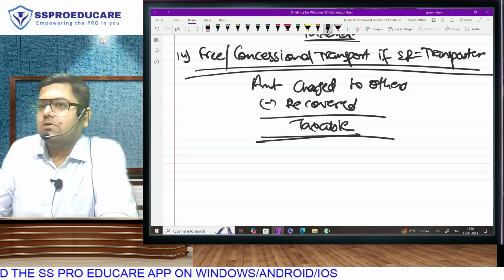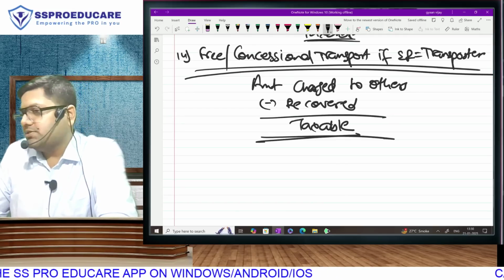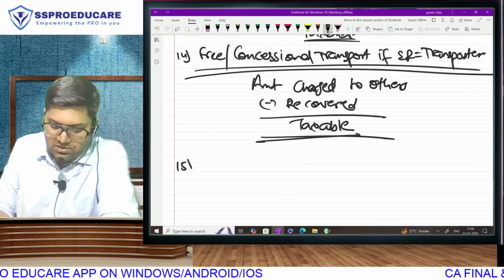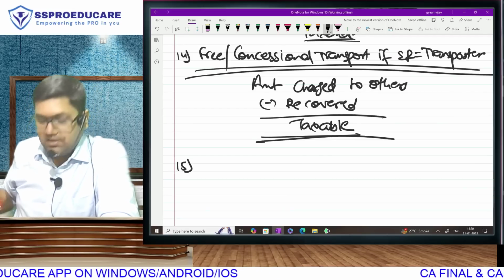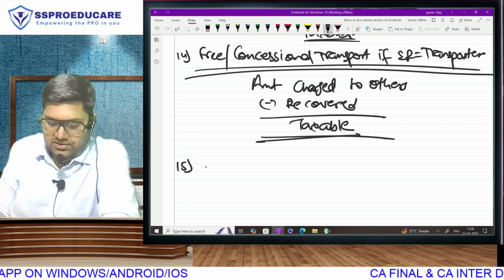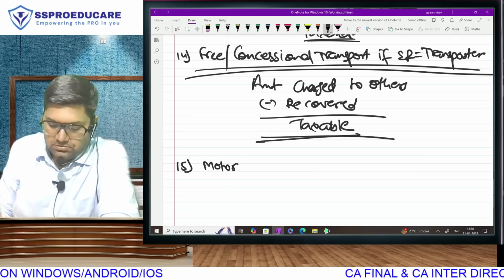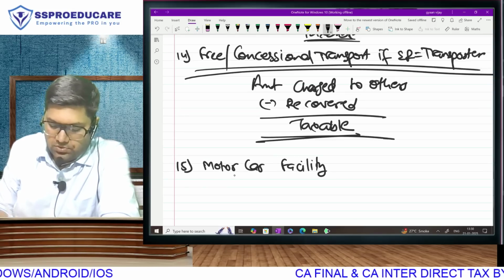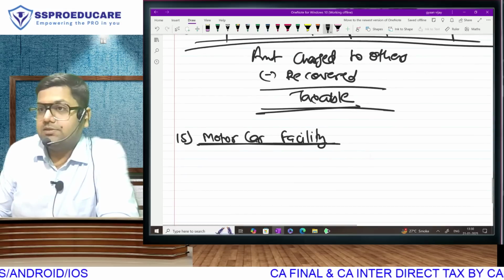Is that understood? And this, ladies and gentlemen, boys and girls, brings us to the last and final perquisite. Perquisite number 15, that is motor car facility.